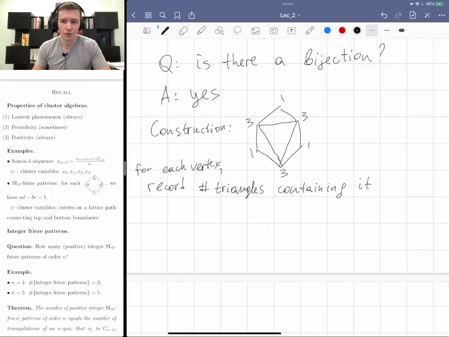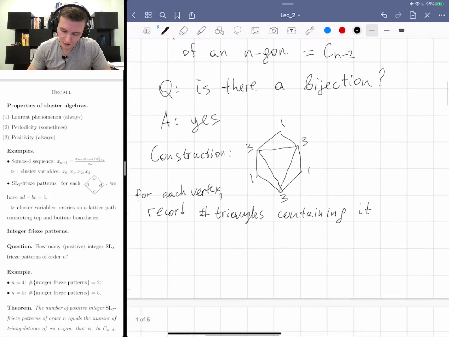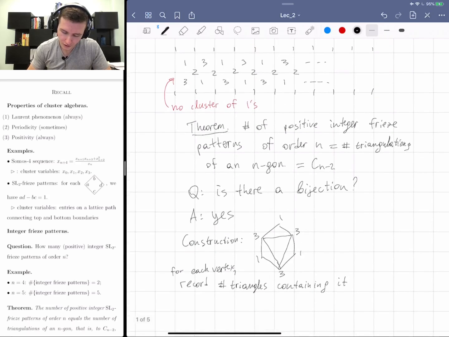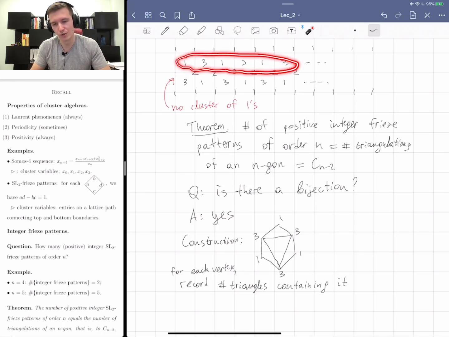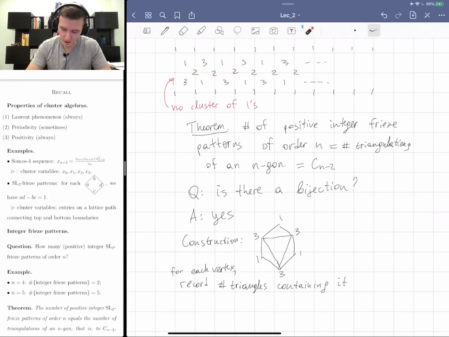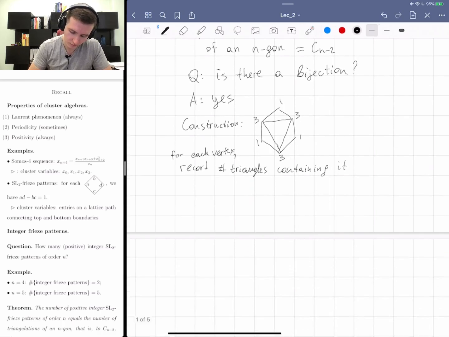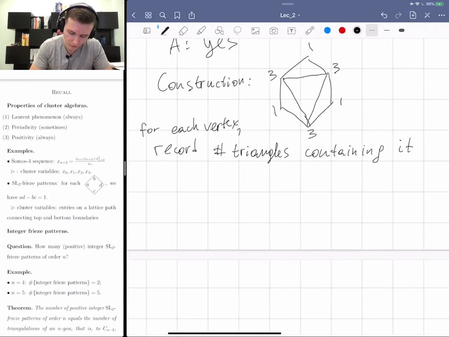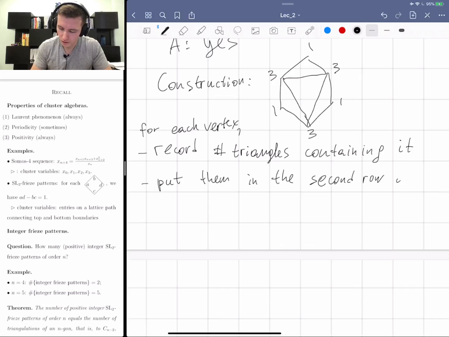And then what do I do with these numbers? If I want to get something like this, I'm just going to put them in the second row of a frieze pattern, because the first row is going to be all ones.